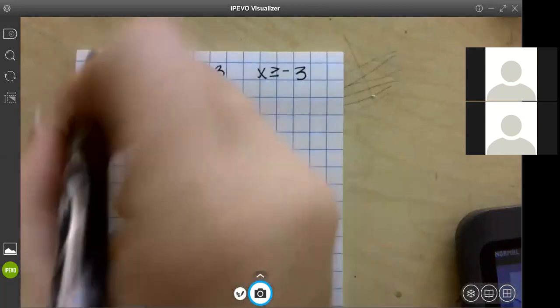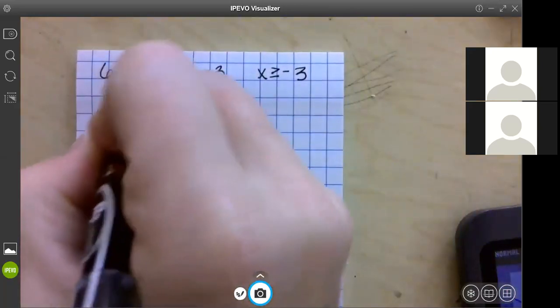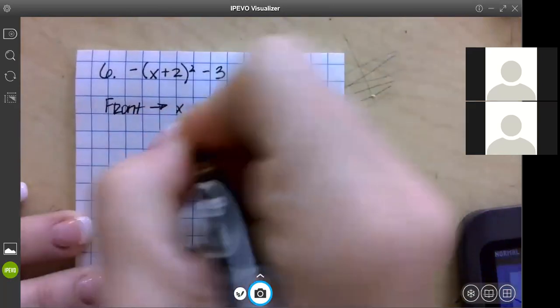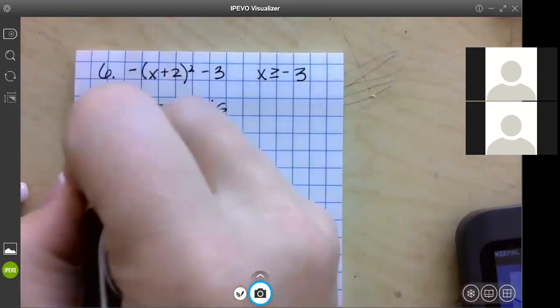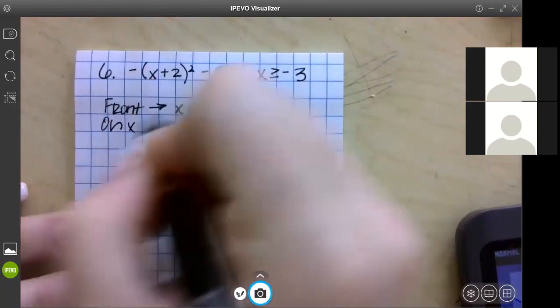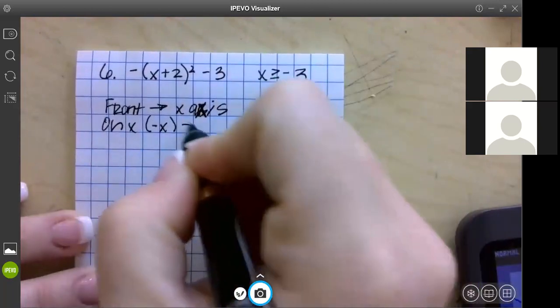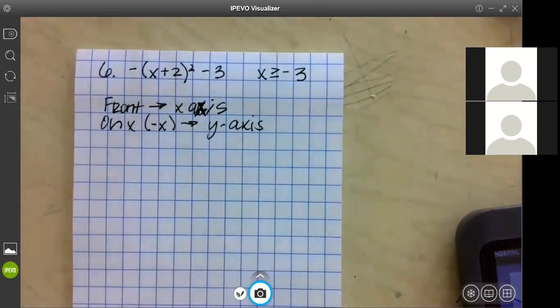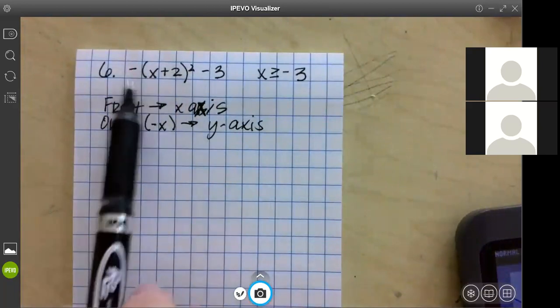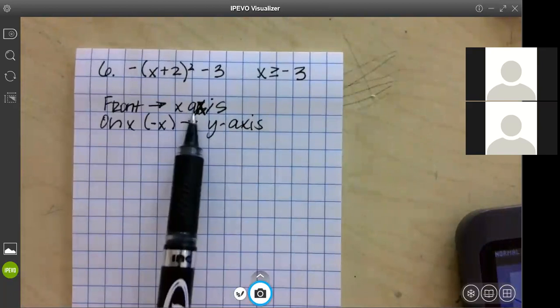So this one, just a reminder, is a reflect over the x-axis. If it's on the x, like this, -x, it's a y-axis. So it's opposite of what you think, okay? So with the x is a y, on the front is an x. All right, so this one is on the front, so it reflects x.